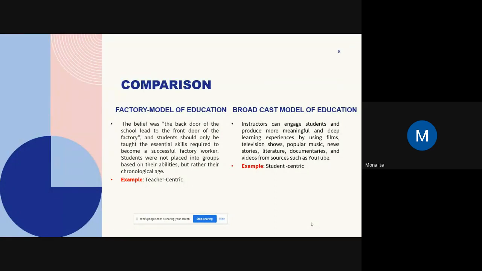That means the learner will learn with fun and with interest. If you are giving the broadcast model of education, the learners were learning something. If they are using social networking sites, documentaries, films, TV shows, that means where the learning channels are there. Having a watch on that, you can learn something.